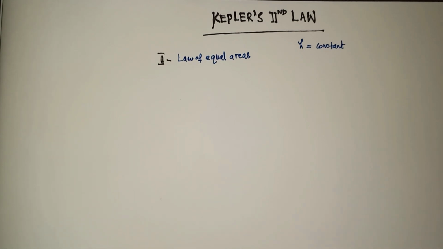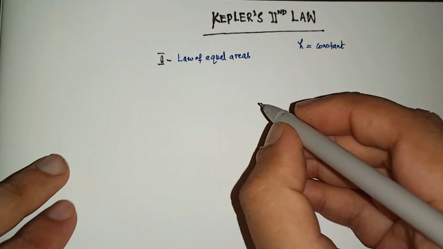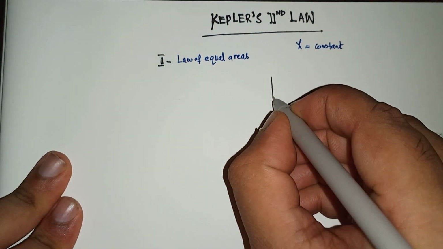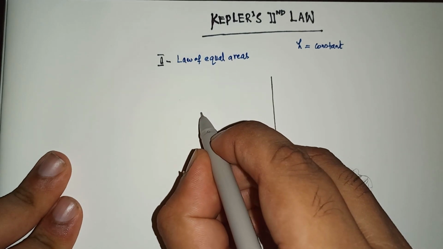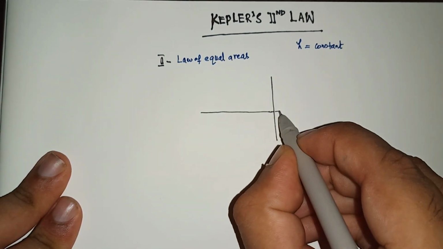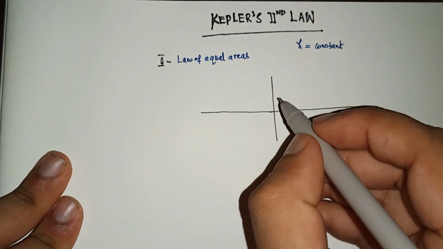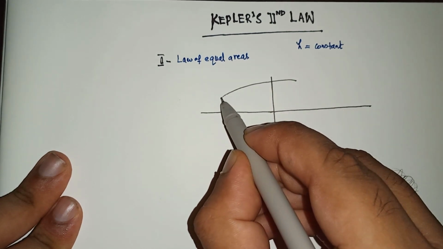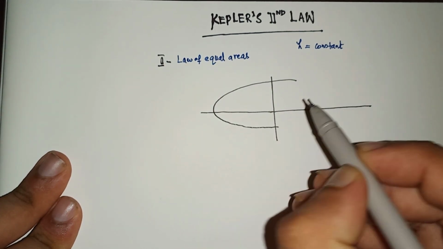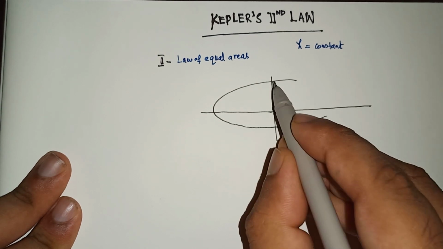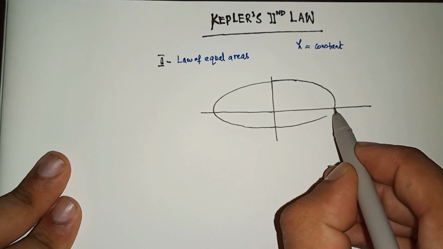So let's consider an orbital path. Now I'll try an orbit having an elliptical path. While drawing, you can use your instruments and draw accordingly. Here we'll draw it in a simple fashion. So this is your ellipse.